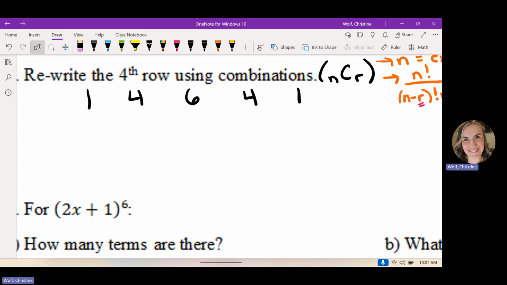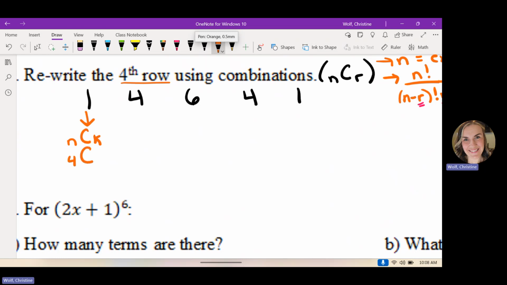Okay, so if I want to use that little formula here, it would be nCk. All right, so let's fill that in. N is the exponent or the row number. I told you in the question we're on the 4th row, so N would be 4.